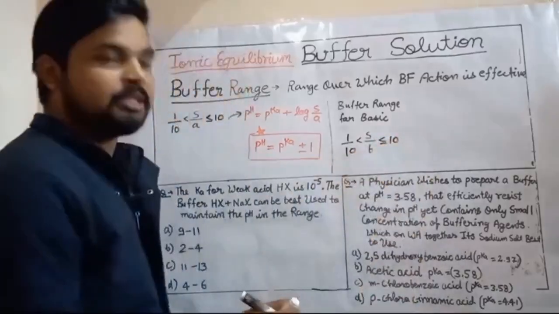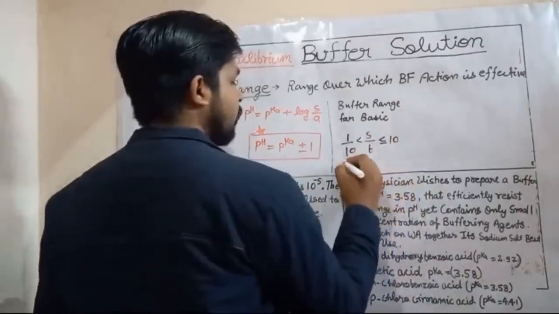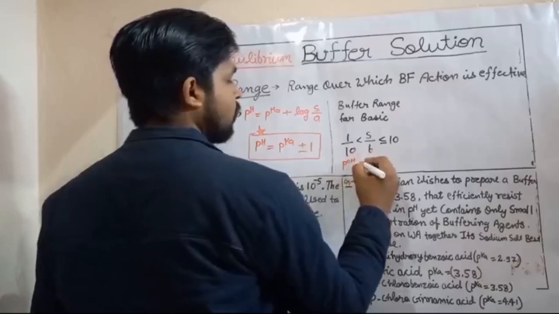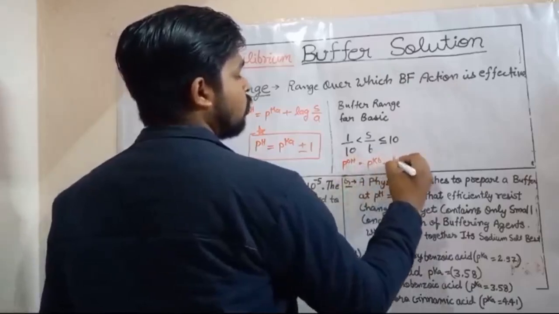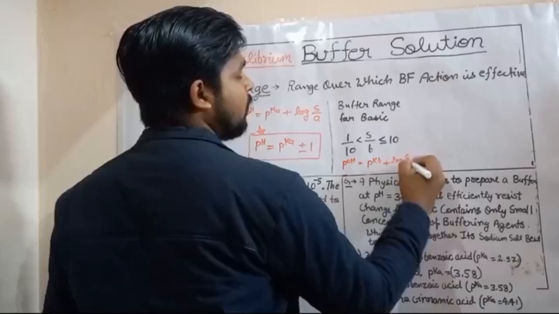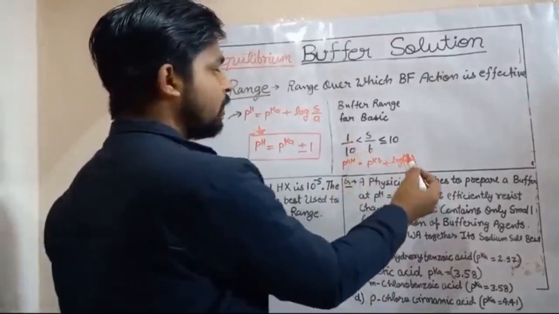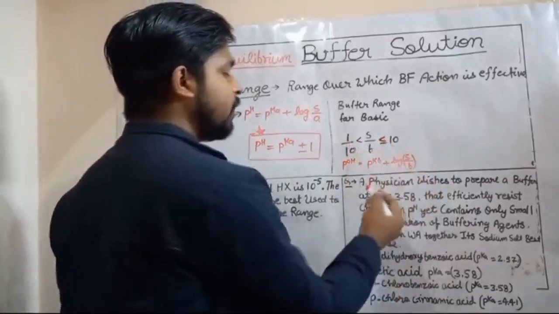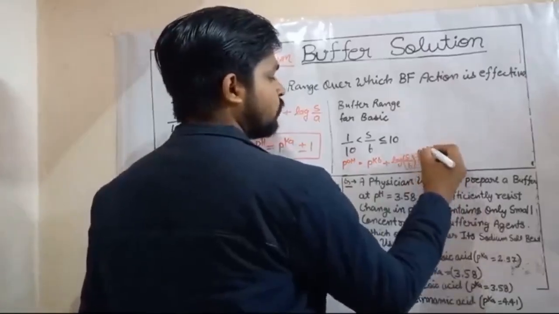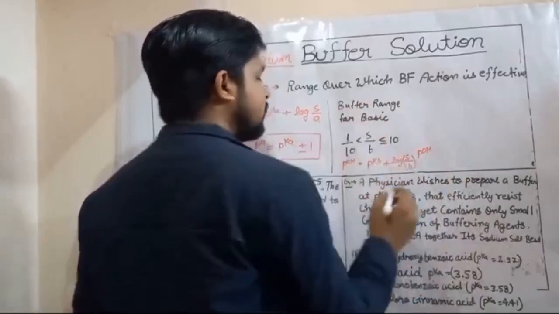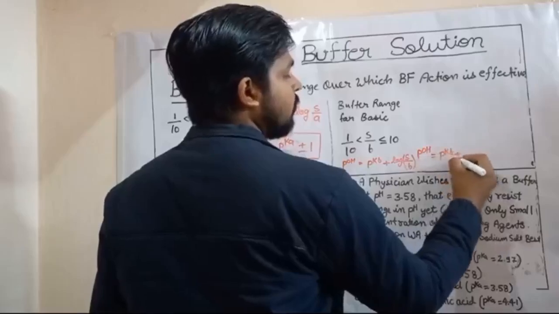If we put this concentration in the basic buffer Henderson equation, then we get pOH is equal to pKb plus log salt by base concentration. If we put 1 by 10 here for salt by base concentration, then 10, we get pOH of a basic buffer lies between pKb plus minus 1.